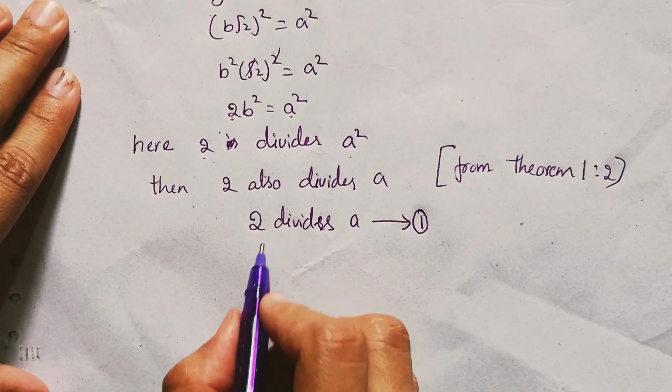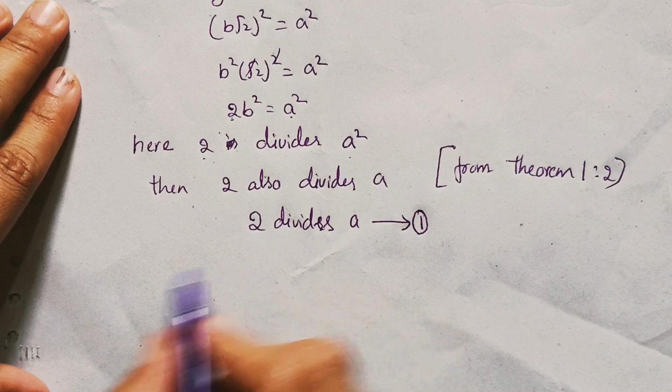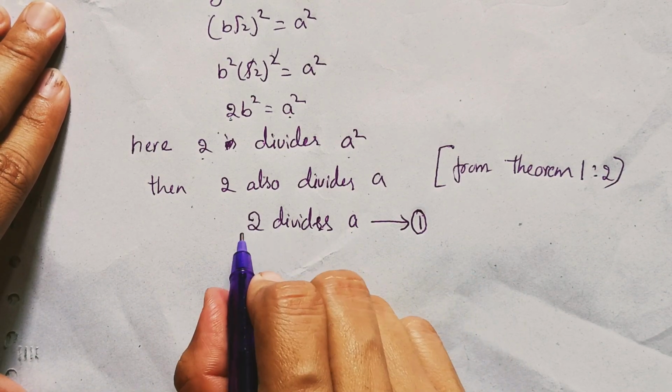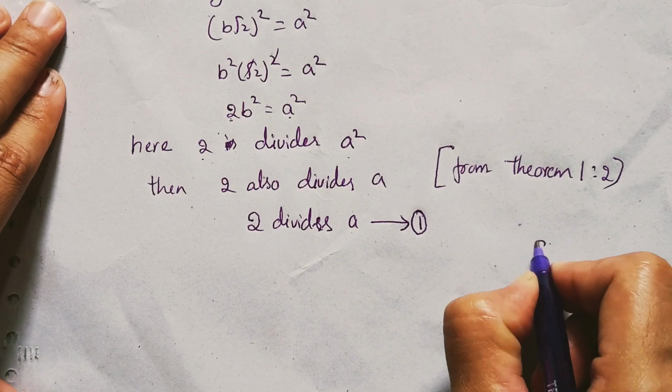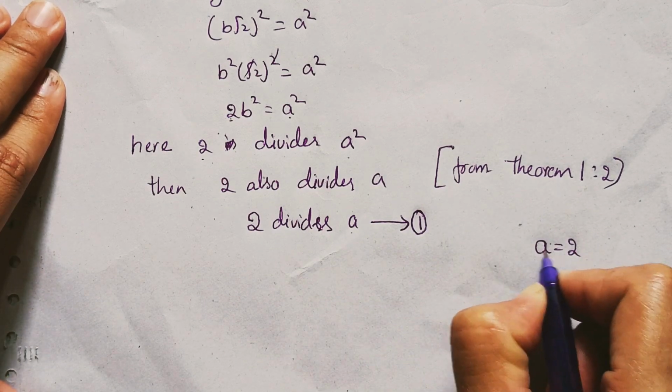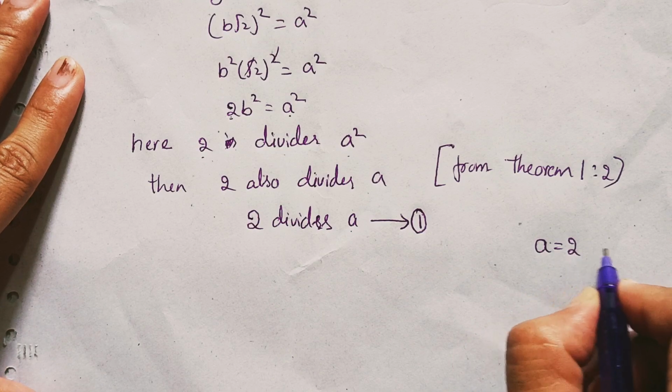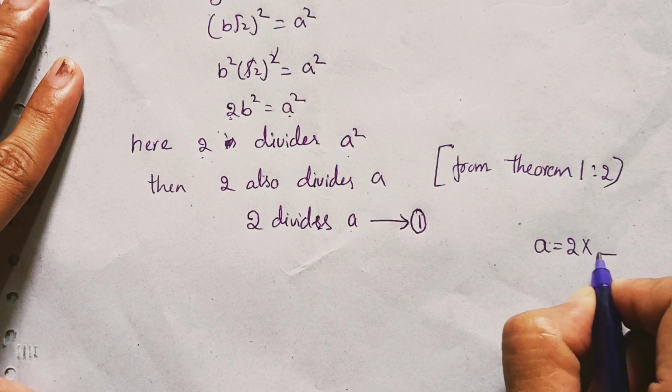Now, 2 divides a means a is a product of 2 into something. Let me explain. 2 divides a is nothing but a equals 2 into something.